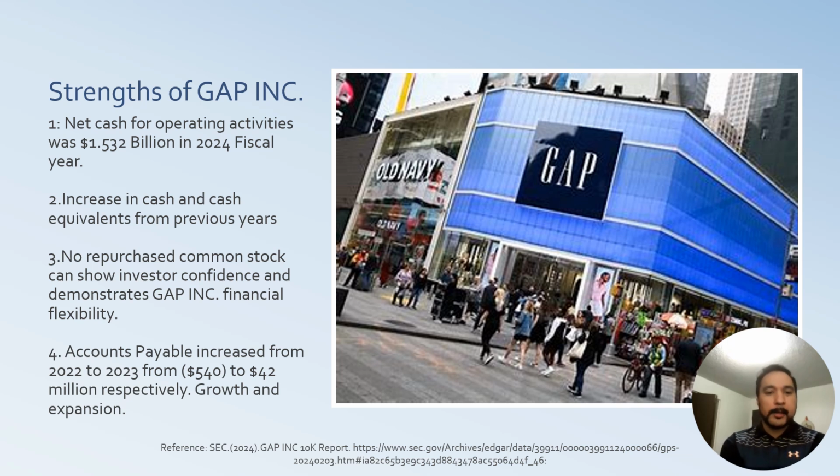Fourth strength that I have listed here is going over the accounts payable increase from 2022 to 2023, from a negative 540 million to a positive 42 million, respectively. This drastic change in accounts payable shows that the company is in a state of growth or expansion, and this will indicate a little bit more prosperity within the company. Again, this information was grabbed from the SEC for their 10K report.